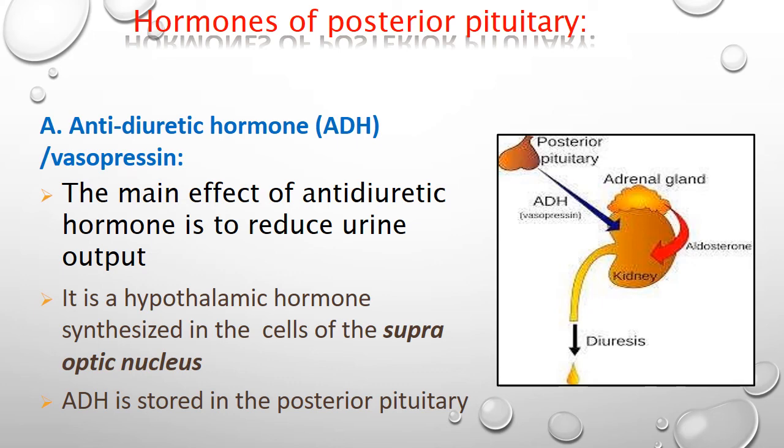The main effect of antidiuretic hormone is to reduce the urine output. It is a hypothalamic hormone synthesized in the cells of the supraoptic nucleus, and ADH is stored in the posterior pituitary.